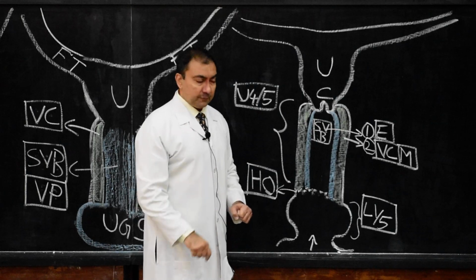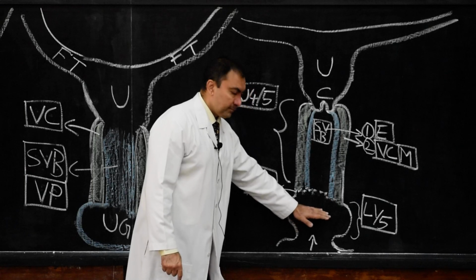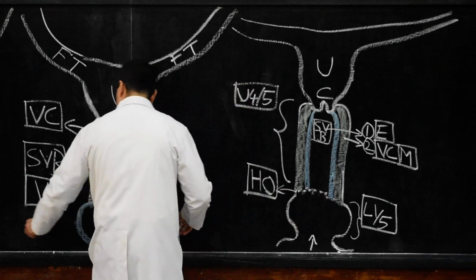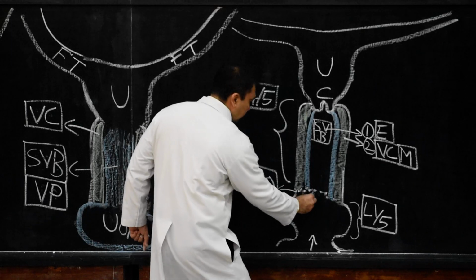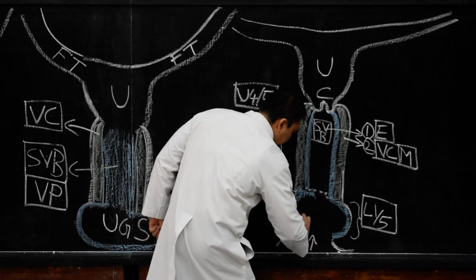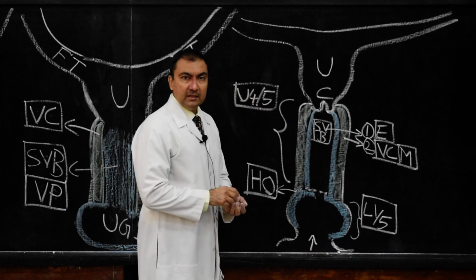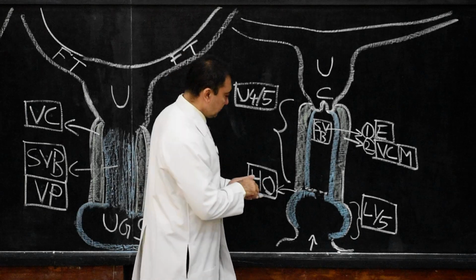Now the lower 1/5 of the vagina, which is below the Mullerian eminence, will completely develop from the cells of the urogenital sinus, the endodermal cells of the urogenital sinus.